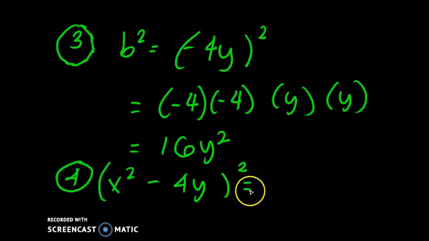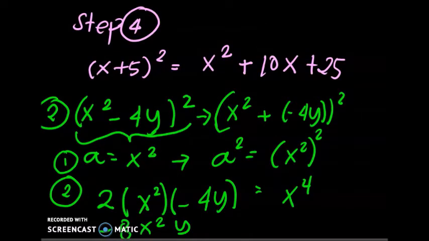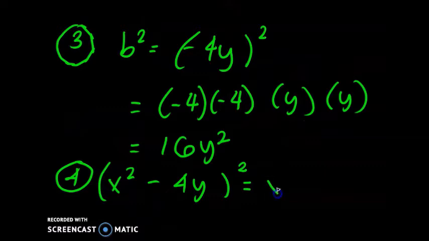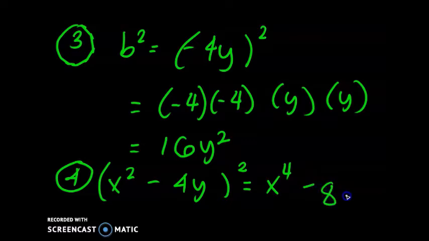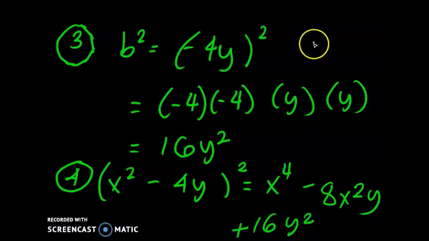And the answer for this is just the combination of the first, x to the 4th power, plus negative 8 x squared y, plus 16y squared. That will be in the average round.